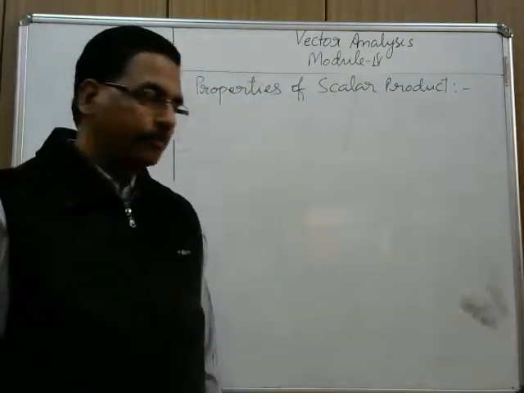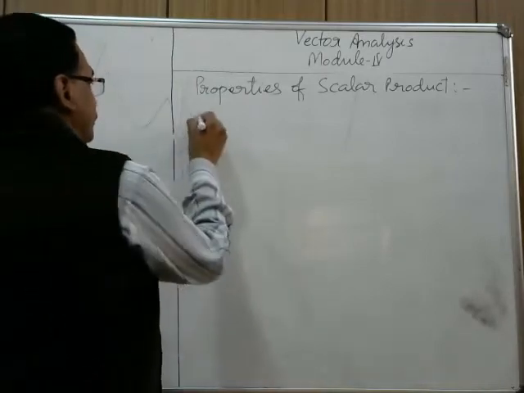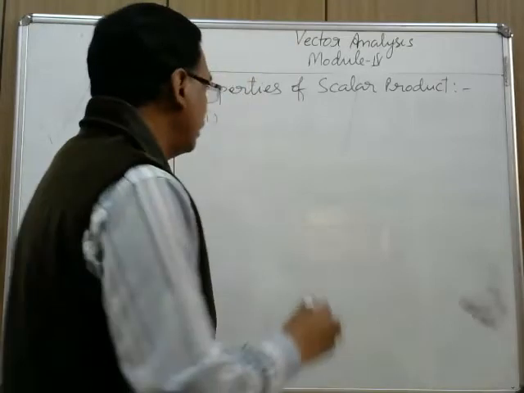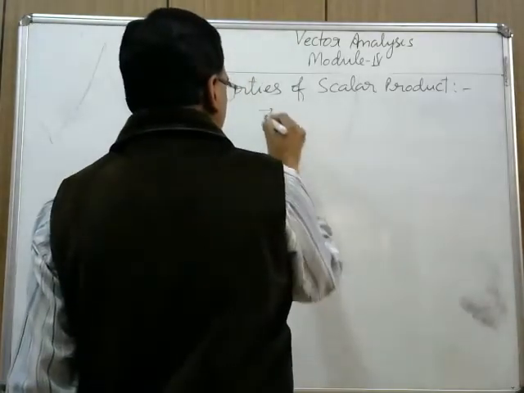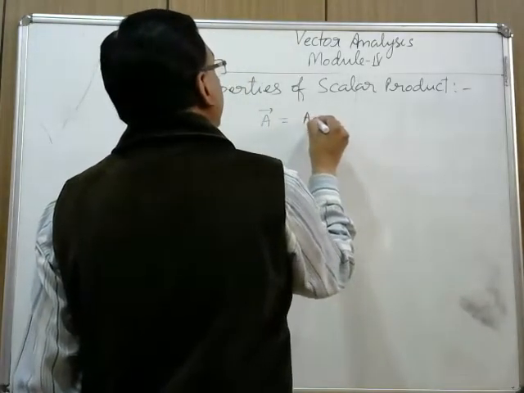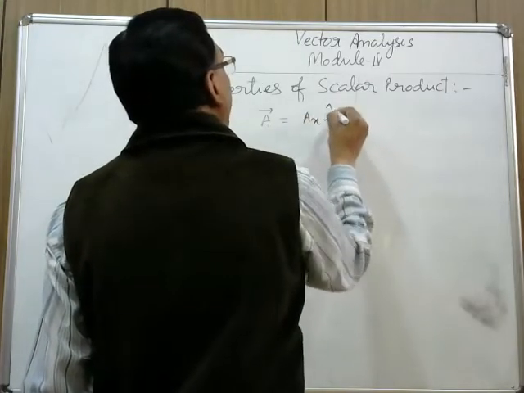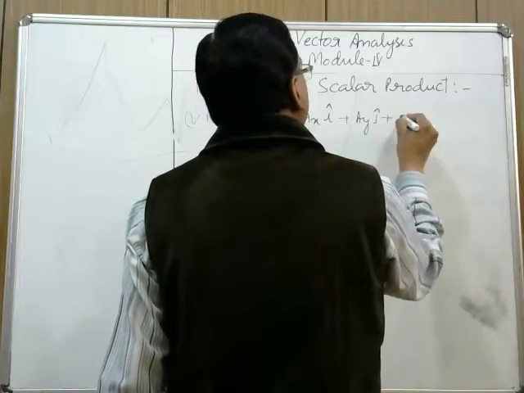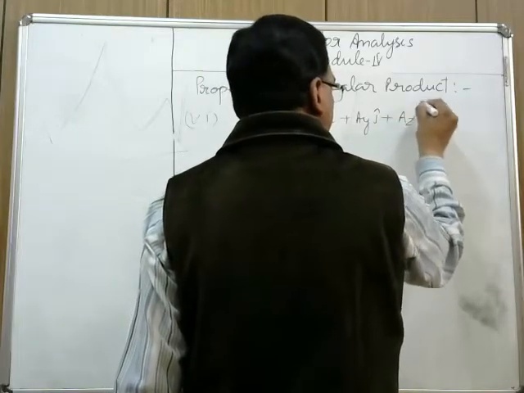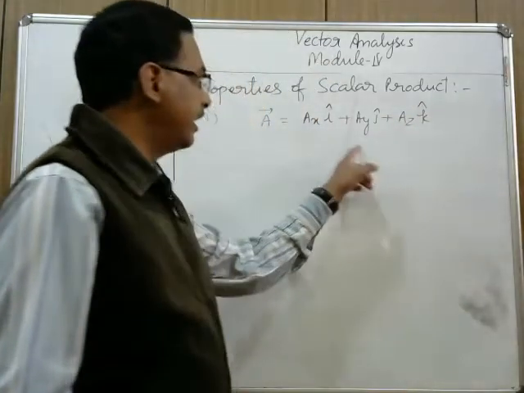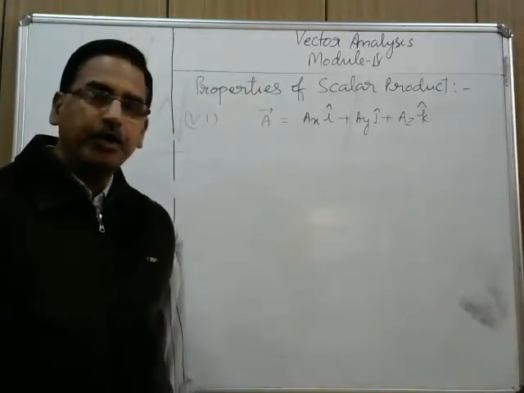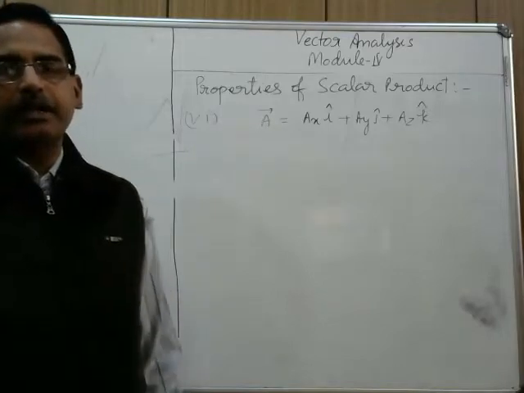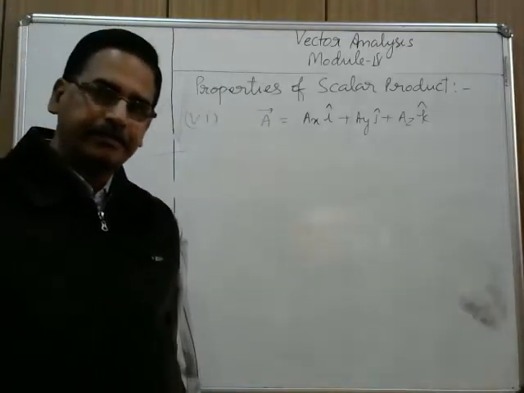The last property I am going to discuss, the sixth property. If you recall, vector A can be represented as ax i cap plus ay j cap plus az k cap, where ax, ay, az are the components of vector A along the x, y and z axis respectively.